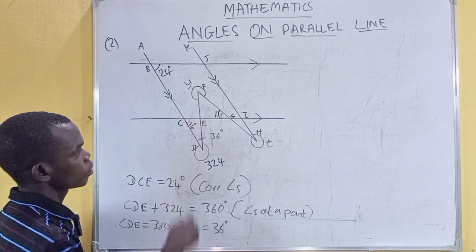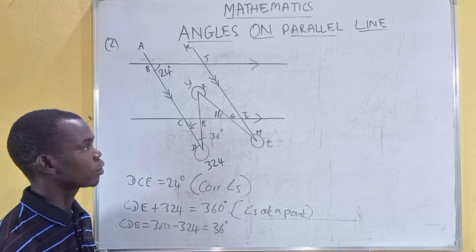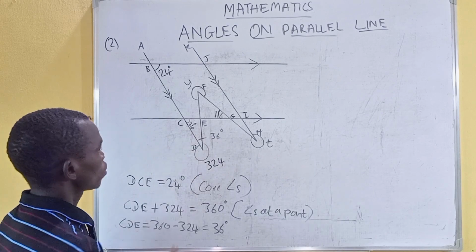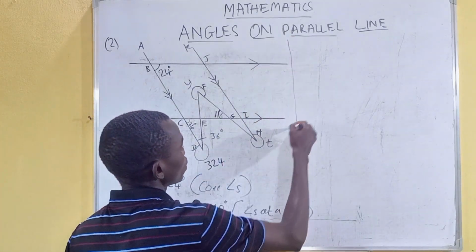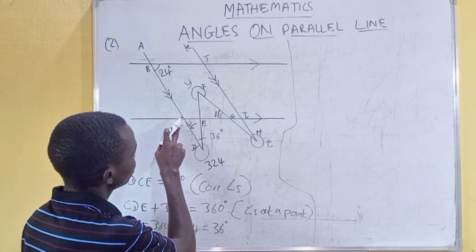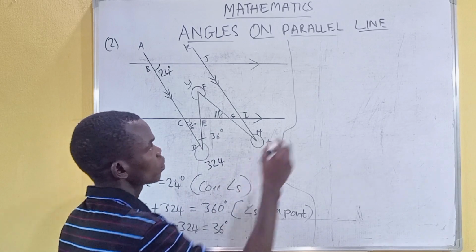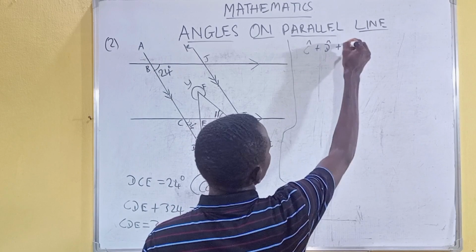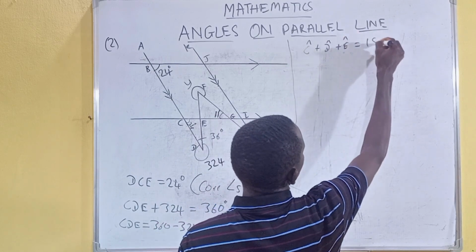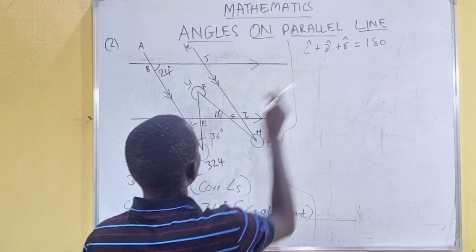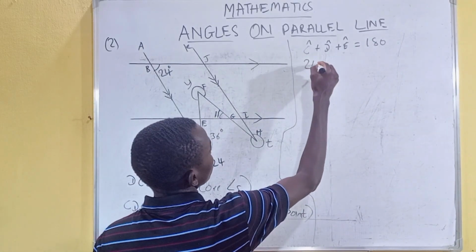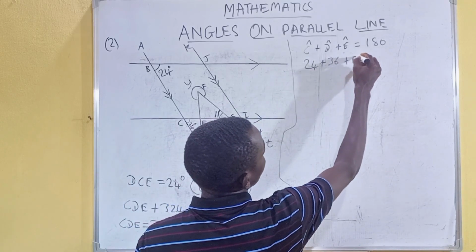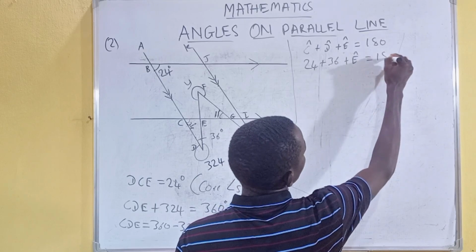We can find this angle. We say that the sum of all the angles in a triangle is equal to 180. With this, we will have angle C plus D plus E is equal to 180, which will now be angle C is 24 plus D 36 plus E is equal to 180.